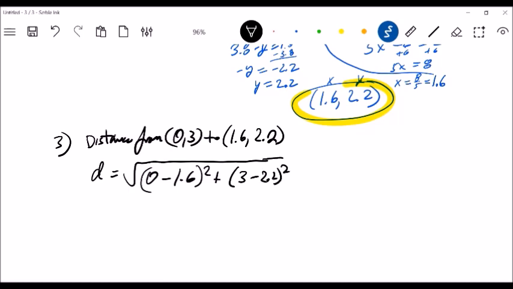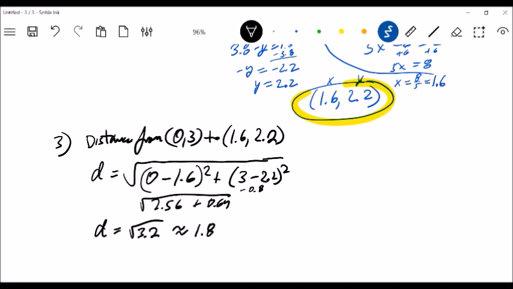Okay. So negative 1.6 squared would actually be 2.56 plus, and then 3 minus 2.2 is 0.8, and that would become 0.64. So the distance is equal to the square root of 3.2, which is approximately 1.8 units.